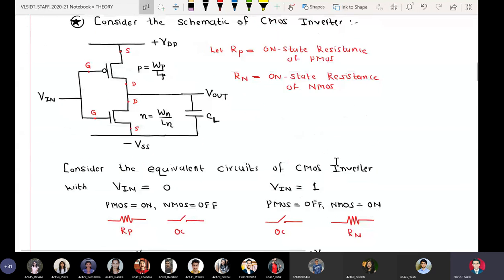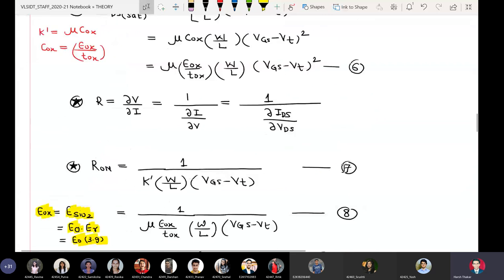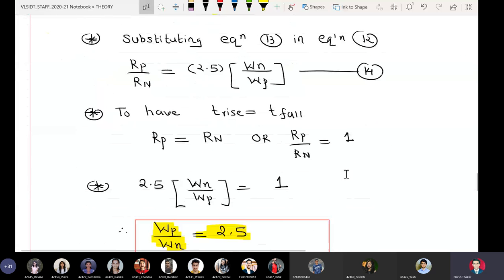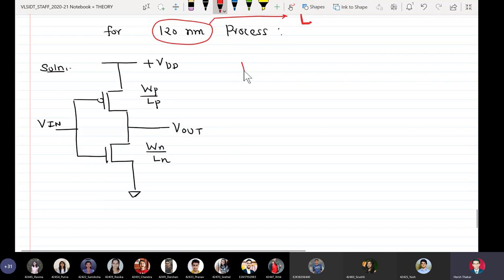So in the numerical, this value 120 nanometer is actually to be taken as L. So that is why I'll write down, given L equal to 120 nanometers.